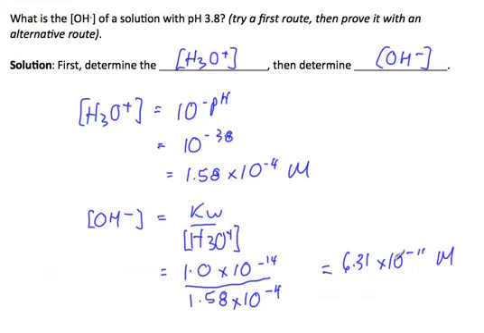And once again, that should make sense to you because the pH is low. That means it's acidic, which means the concentration of hydroxide ion should be low. It all makes sense when you look at the numbers and that relation between hydroxide and hydronium at neutrality. So that's one way: we determine hydronium and then hydroxide.